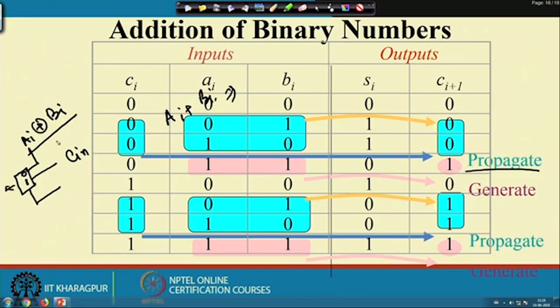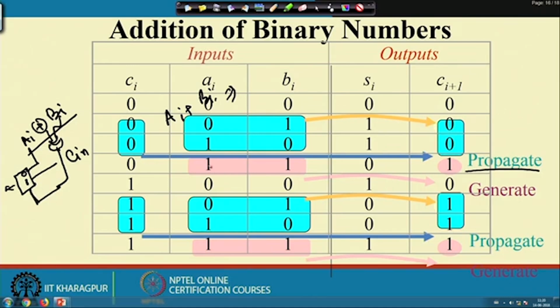So, that means for the XOR of this A I and B I, for the 0 1 case or the 1 0 case, in both cases this particular circuit is giving me 1. So, as C in is the same as C out, at that time I can get the result at the output of C out.